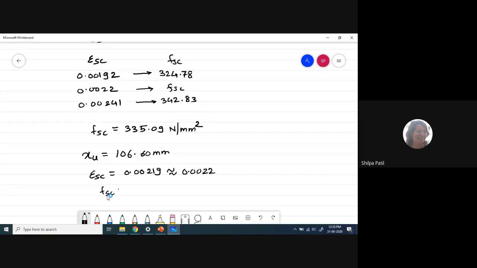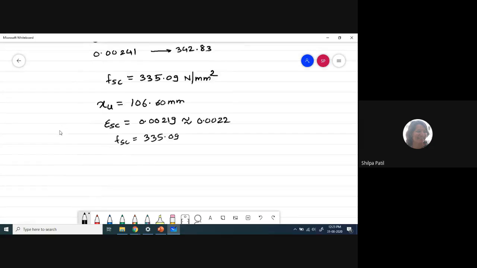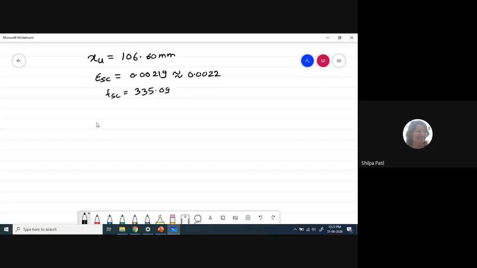So finally we got the constant value of FSC as 335.09. For this value, now we can calculate MUR. You will just put all the values in the equation and check whether you are getting the same answer that I am writing here or not. Okay, this is the final answer, MUR.